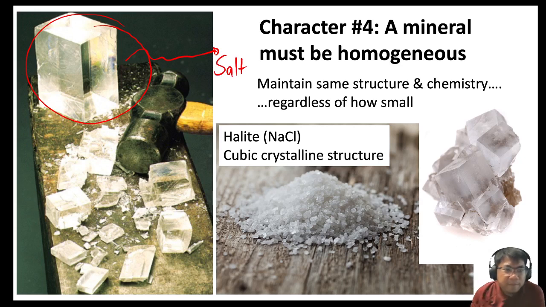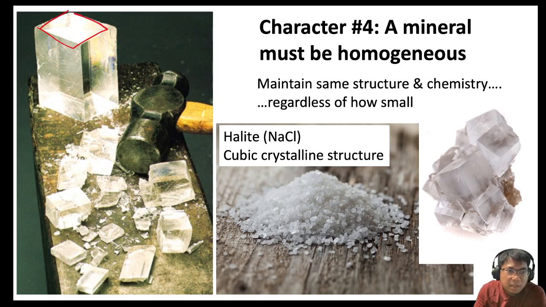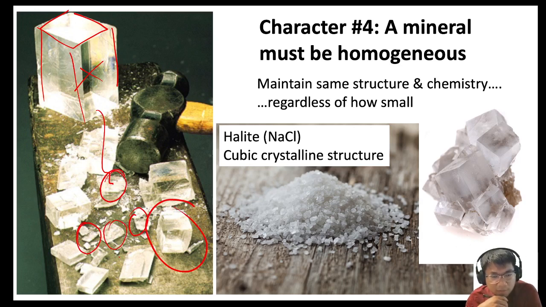This is a nice big crystal of halite, and as you can see, it produces a cubic structure. Homogeneous means that if you break this halite into smaller pieces, no matter what size they are, they're going to create the same cubic crystalline structure, which in this case looks like cubes.